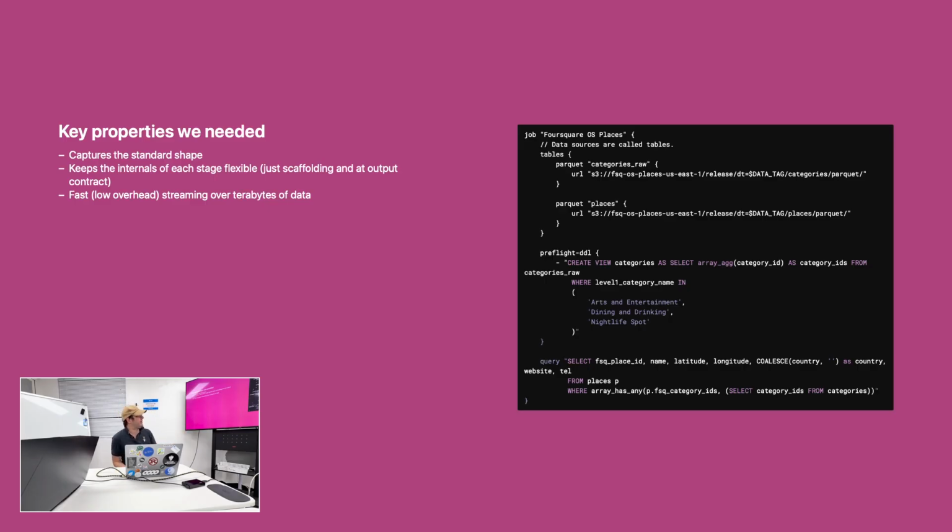And then finally, the query is like the actual transformation, and we're putting things into a standardized format and enriching it that way. This configuration language is called KDL. We just happened to use that because it looked nice and it was an easy way to capture the standard shape, but you could do something similar in YAML or TOML or whatever you like.